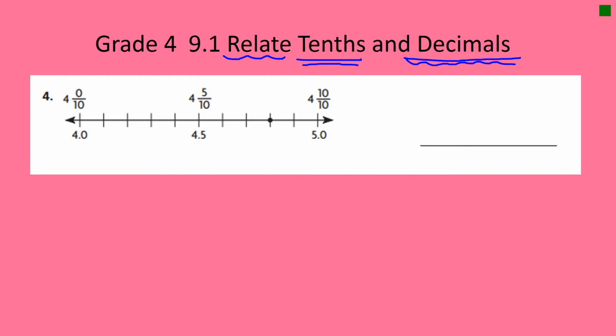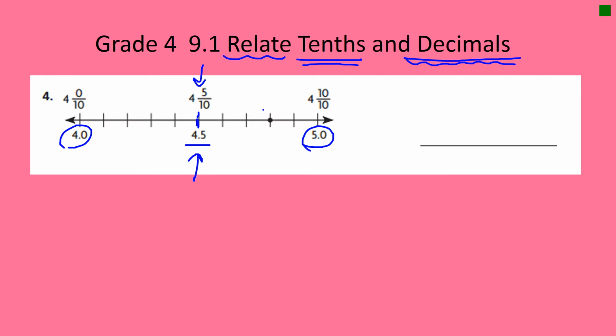And I always like to look at the beginning and the ending of the number line. And then it's helpful to look here in the middle as well. Okay, so this number line goes from 4 to 5. And in the middle, they have 4 and 5/10 as a fraction. And then it's exactly how we read that number, 4 and 5/10.